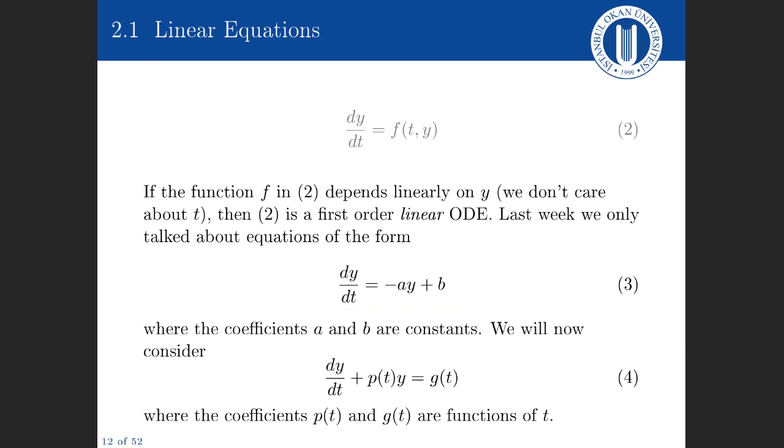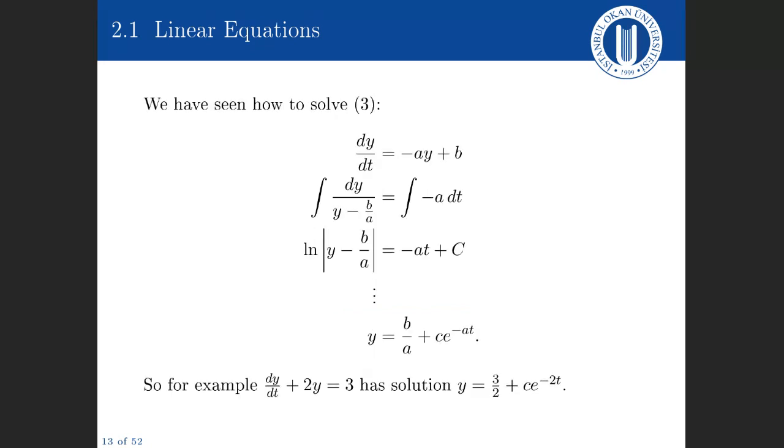We know how to solve equation 3. Let me go through very quickly, just to remind you. We take equation 3. We rearrange this so that all of the y terms are on the left and all of the t terms are on the right. And then we're allowed to integrate.